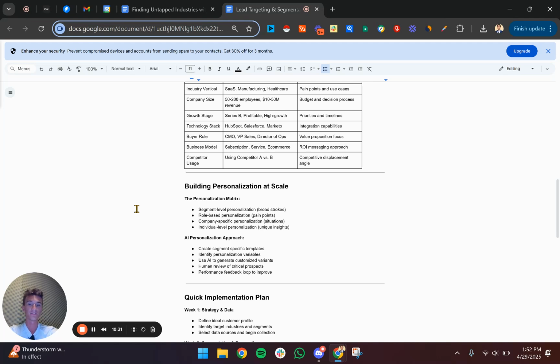For AI personalization, you can do really specific templates that identify those personalized variables, like we just mentioned with those form fill-outs, right? You can use AI to also generate those customized variables, like, "Hey, I saw you guys had a form fill out for this type of thing," right? That allows you to also segment out, based on the content that it produces, what type of group it is.